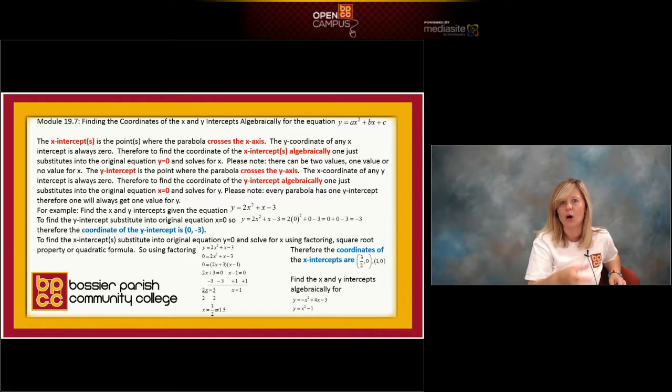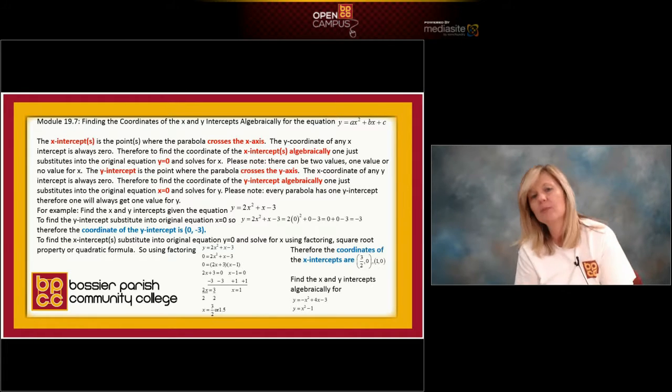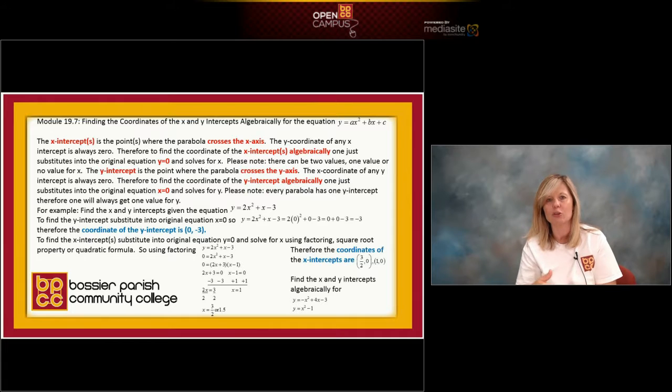The x value was 0. So that's your rule. To find a y-intercept algebraically, you let the x value be 0, you substitute that in, and then you solve for y. So I can ask you to give me the location of all the parts of a parabola without actually having to look at the graph. You could find all those parts algebraically.